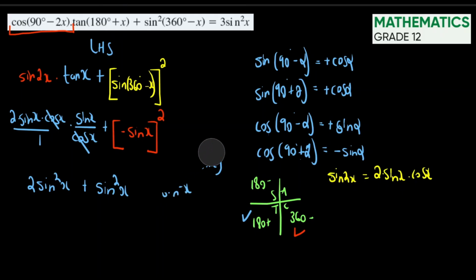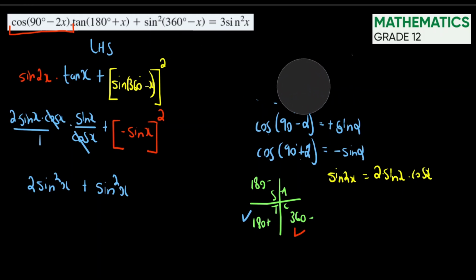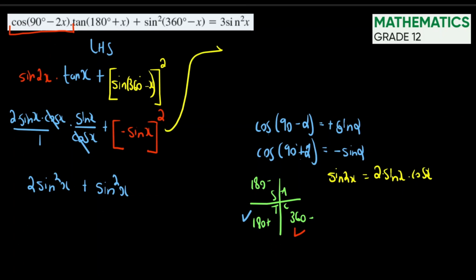So the point I was drawing to, where this could easily go south, is that you forget to put your solid brackets, as we did here. Many learners would simply see this and say sine squared of (360° minus x) and simply say minus sine squared, which is incorrect, not true.